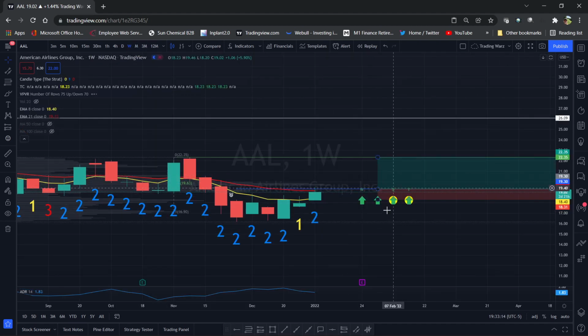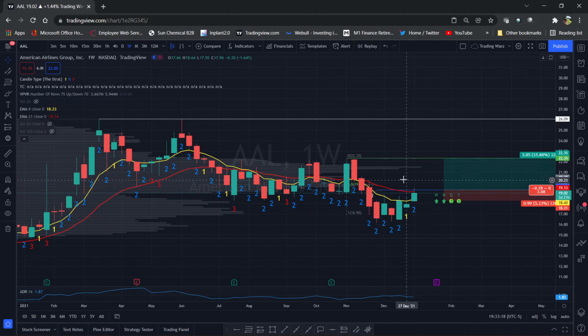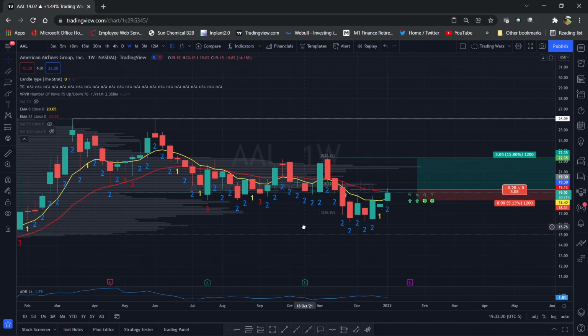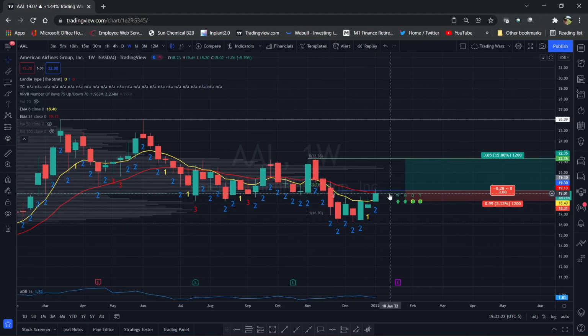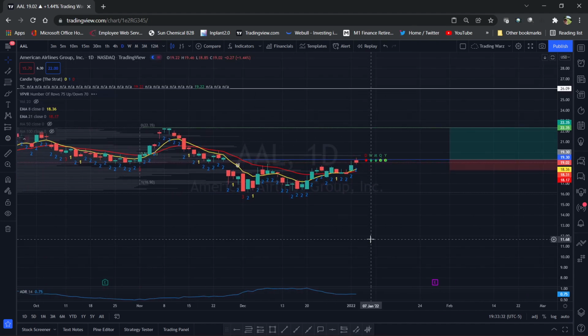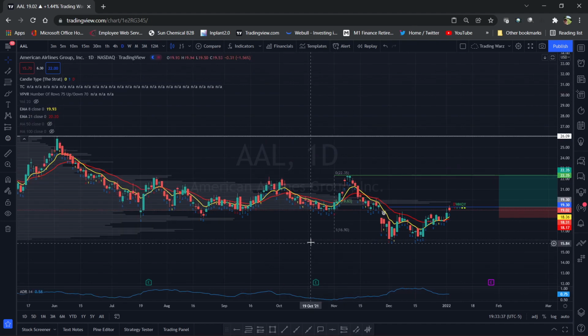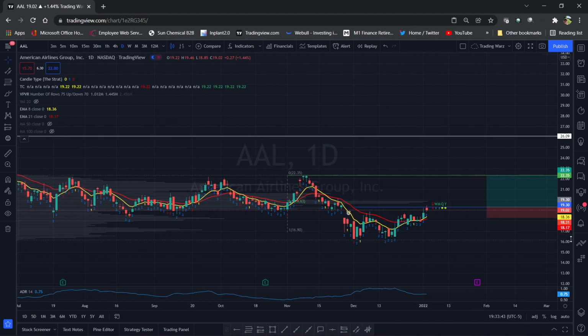Again, same protocols. I look at the weekly. Again, it closed right below the 21 there on the weekly. Same for the daily. I'll look for resistance. If there's some resistance here, the daily's nice. You can see it did.